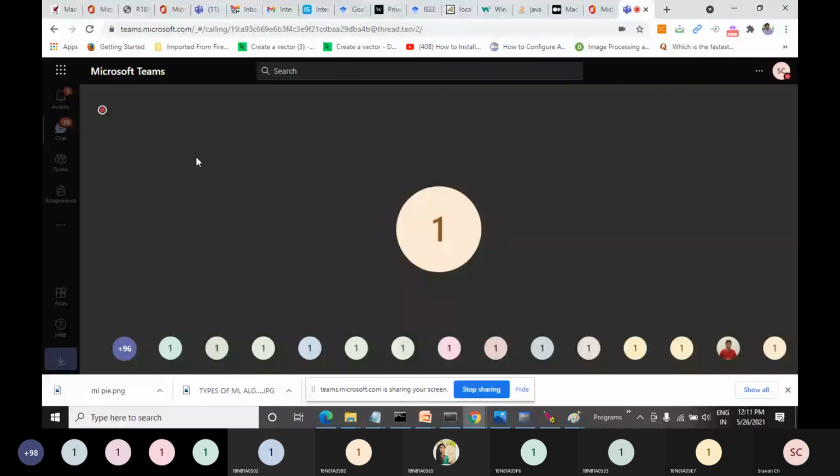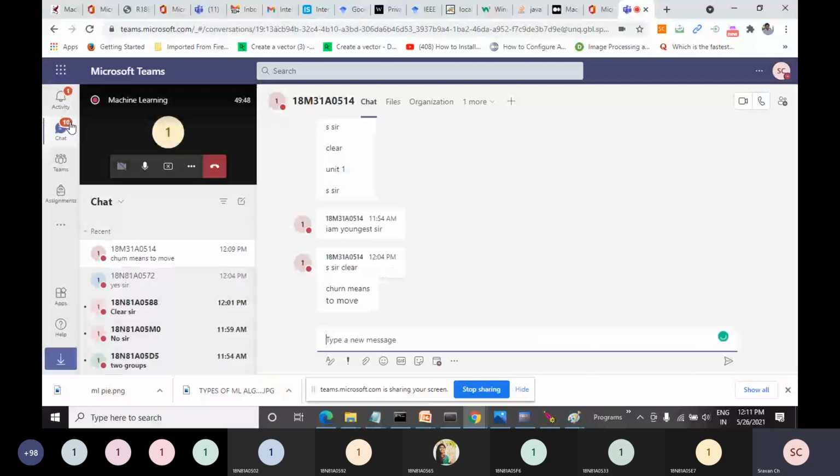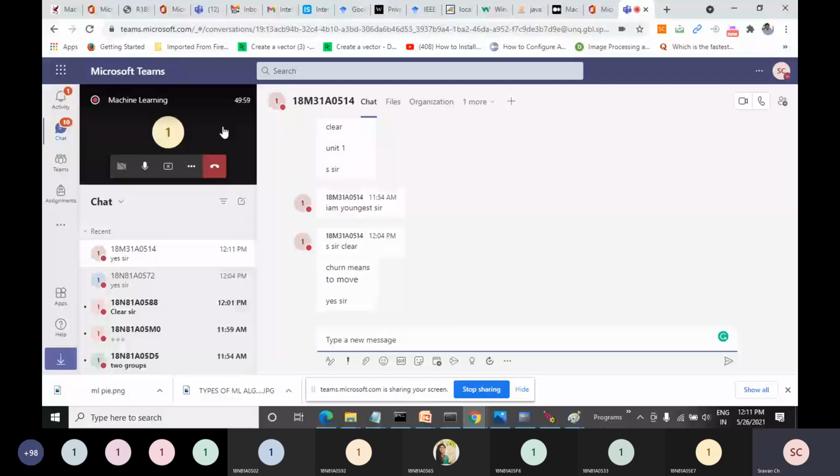Please respond. Do you think all 13 parameters are really important in deciding the churn rate? All 13 parameters are important.